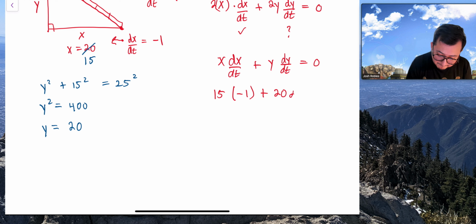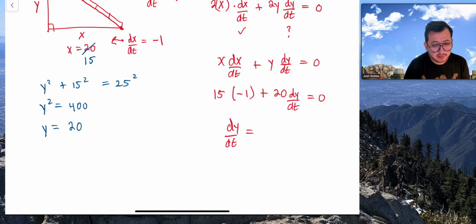So then dy/dt, so then that's going to be -15. So we add it to both sides, we're going to get 15, and then divide by the 20. 15 over 20 is 3/4. This is a rate now, right? The amount that y is changing per unit time, dy/dt.